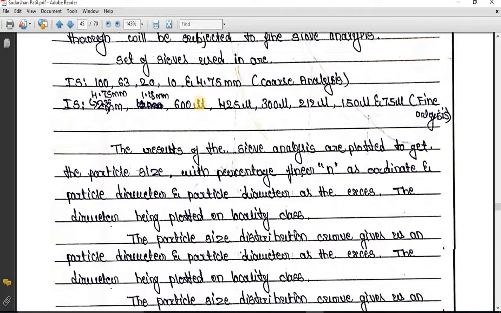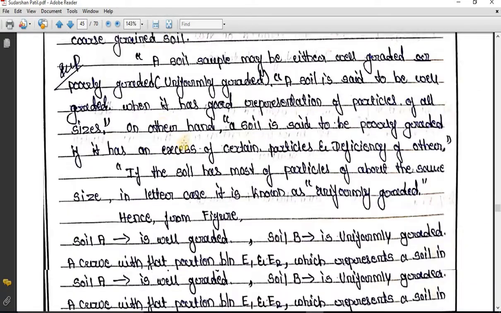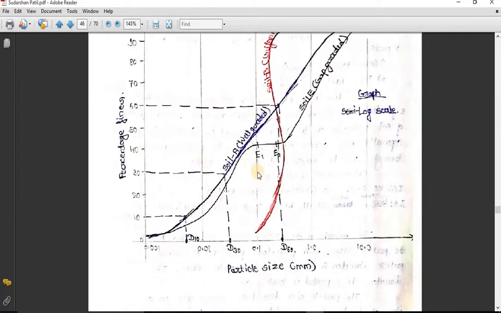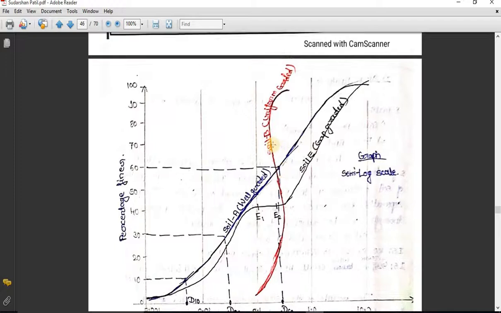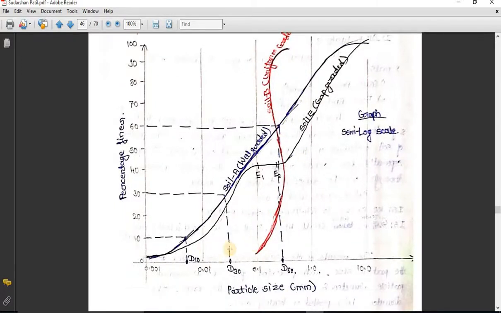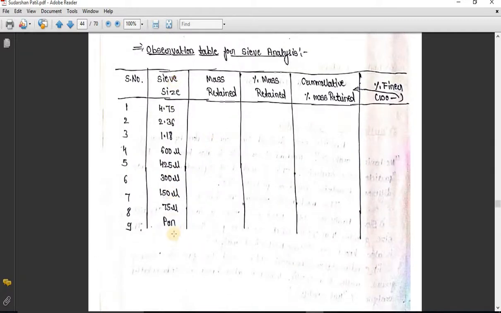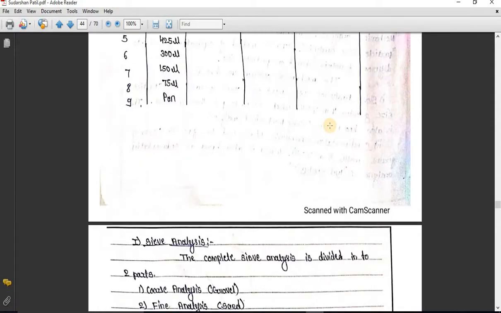The specific use of this sieve analysis is that we can draw the particle size distribution curve. On the x-axis we take the particle size, and on the y-axis the percentage finer, as in the observation table.